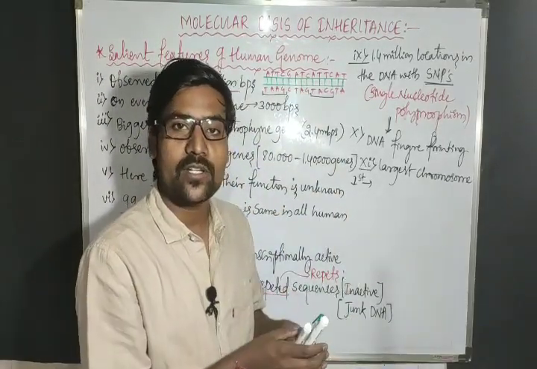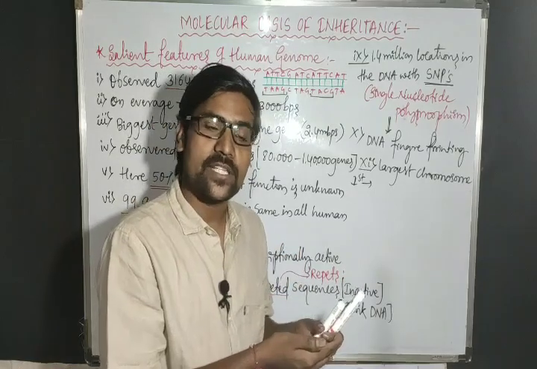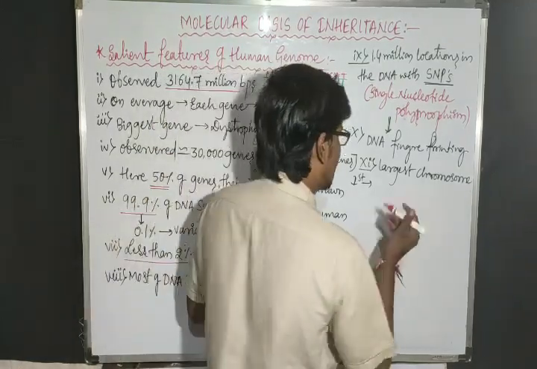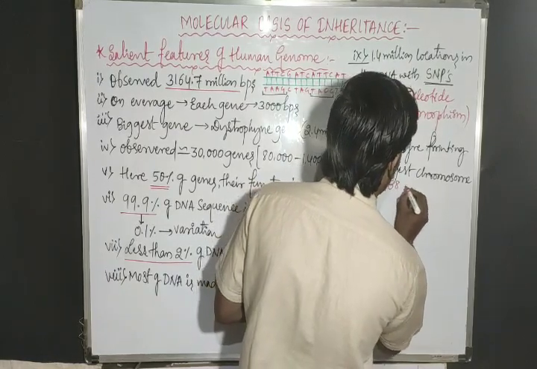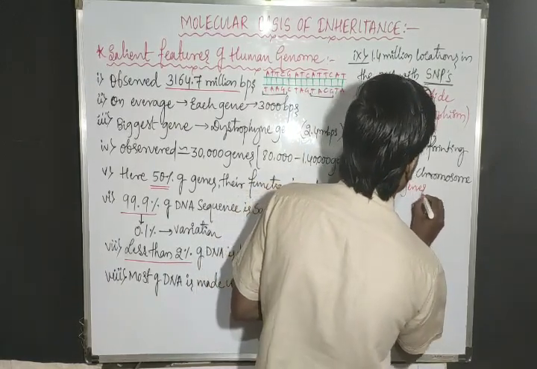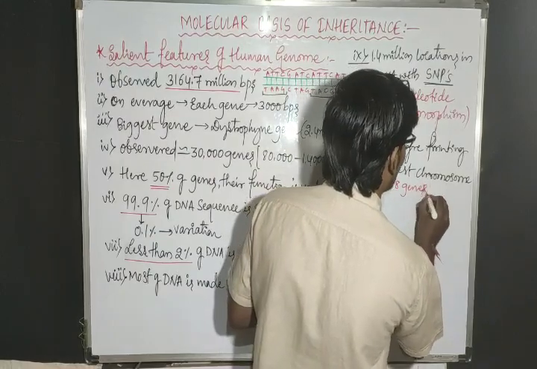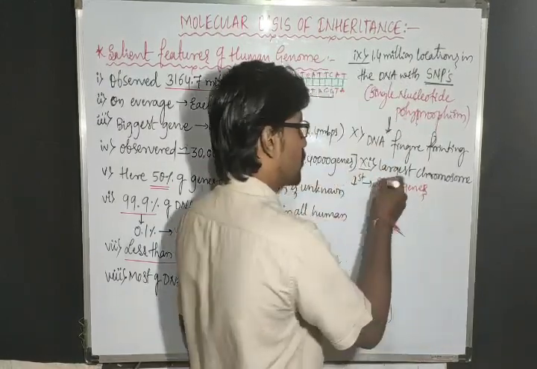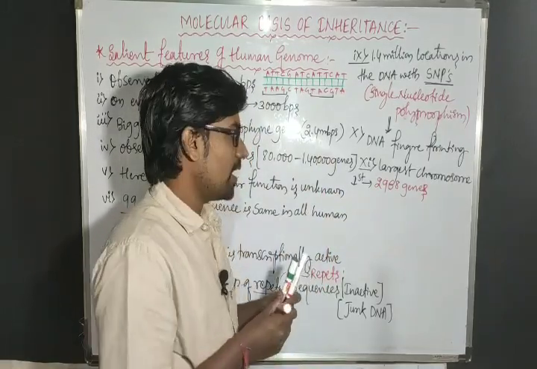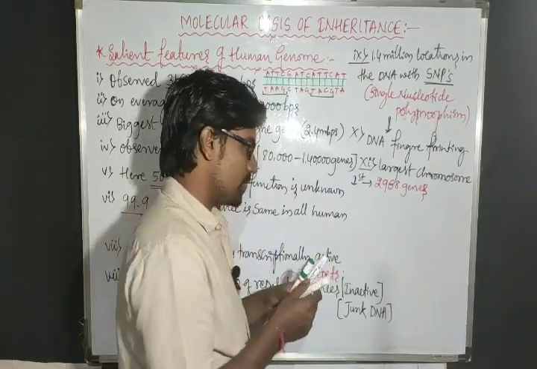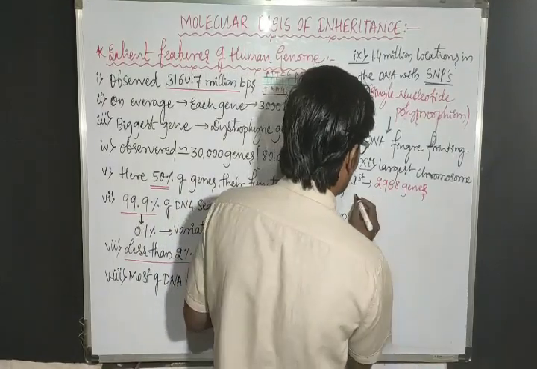That is the largest one, and it has 2968 genes. And the smallest chromosome is the Y chromosome.